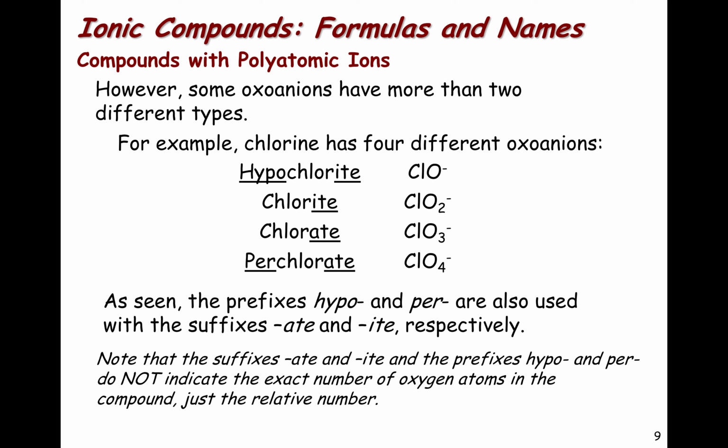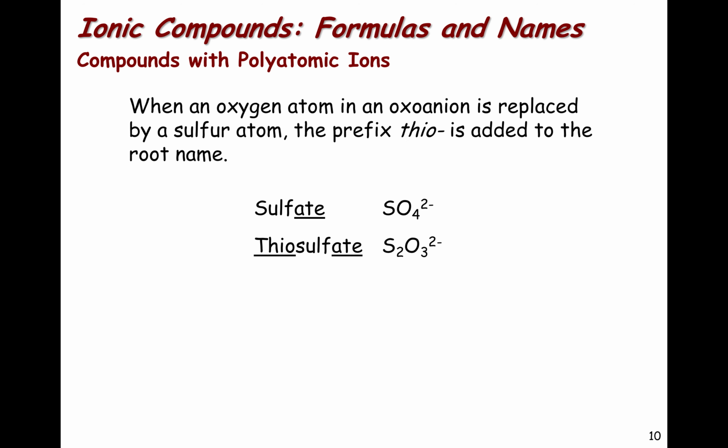So knowing those prefixes and suffixes is useful. It turns out there's a whole series of ions in which we can replace an oxygen with a sulfur, and in this case the naming system is such that we would add the prefix thio.